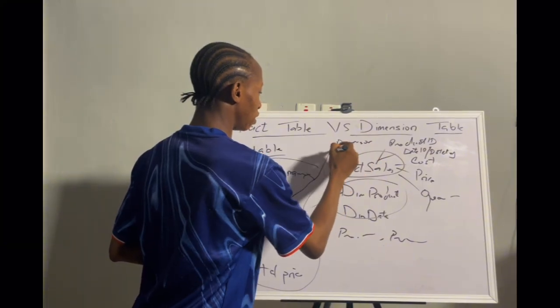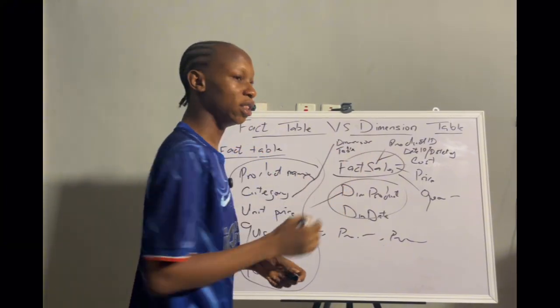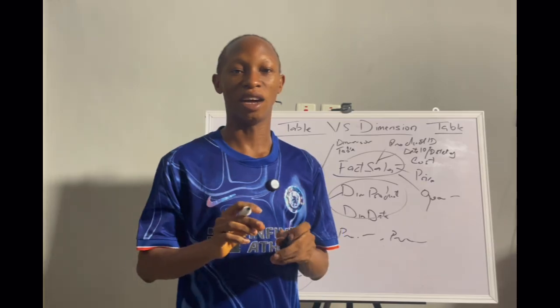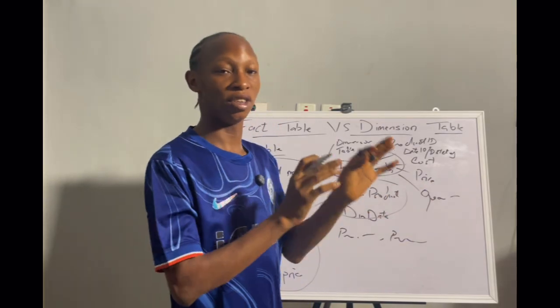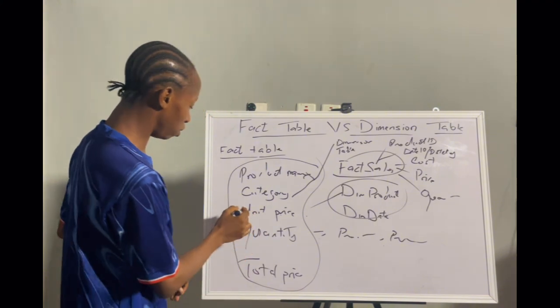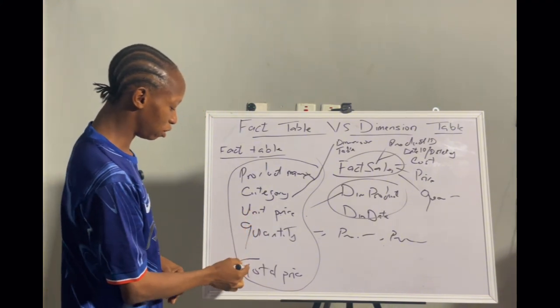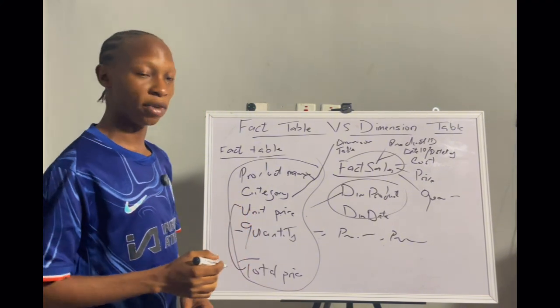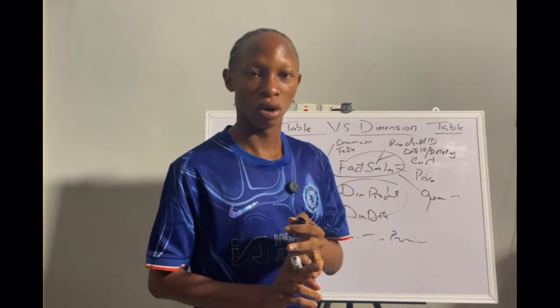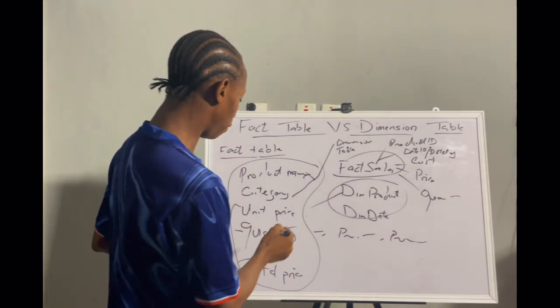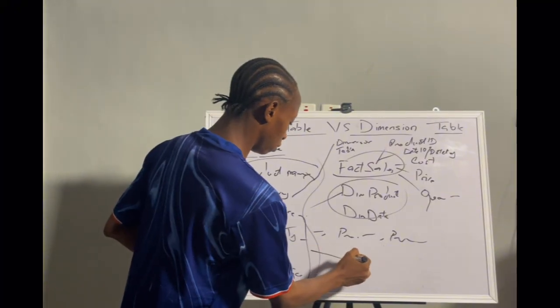I said earlier that a dimension table is a table that contains data that describe a product, a thing. It consists of descriptive data. While the unit price, quantity, and total price are going to your fact table. They are countable, they are measurable.